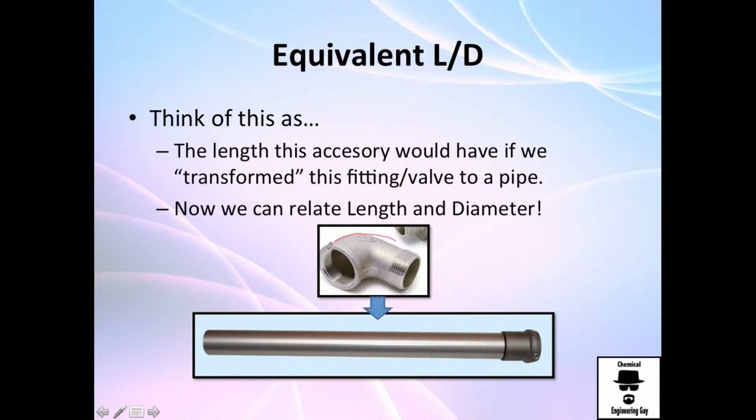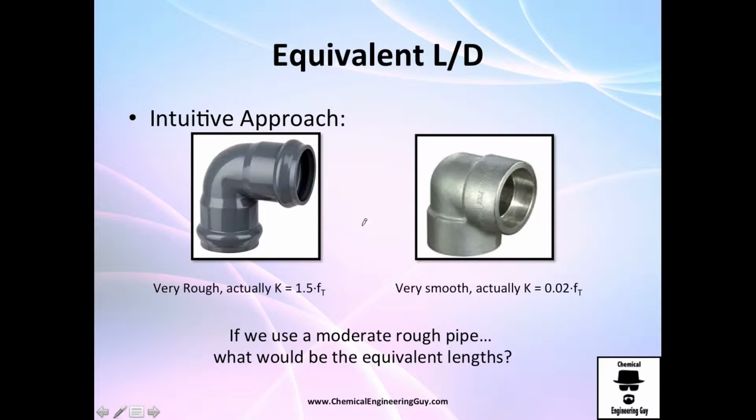So for example, you have this elbow. Maybe if we wouldn't have this friction loss, we could have this length of pipe. And this is good because we can relate length and diameter. Let's see it here. If it's smooth, we will have this value here.